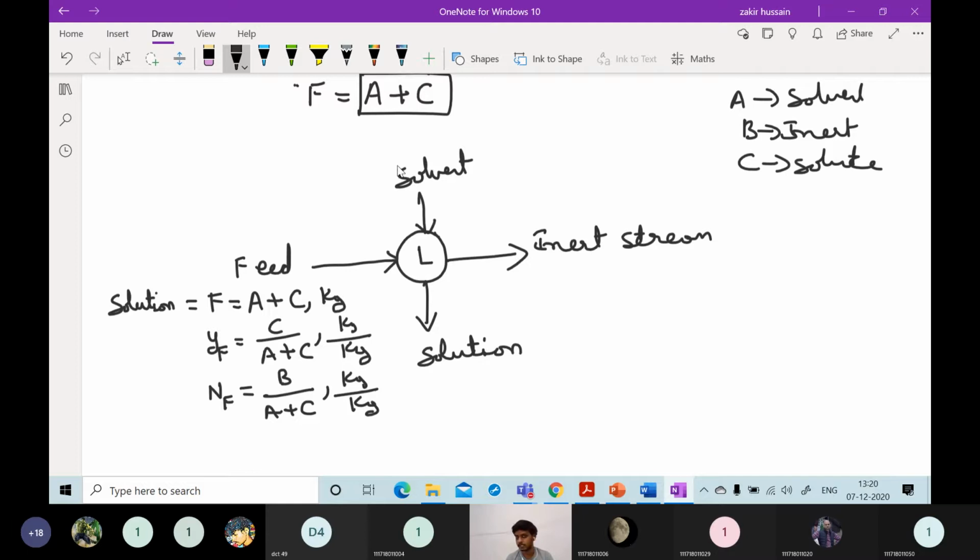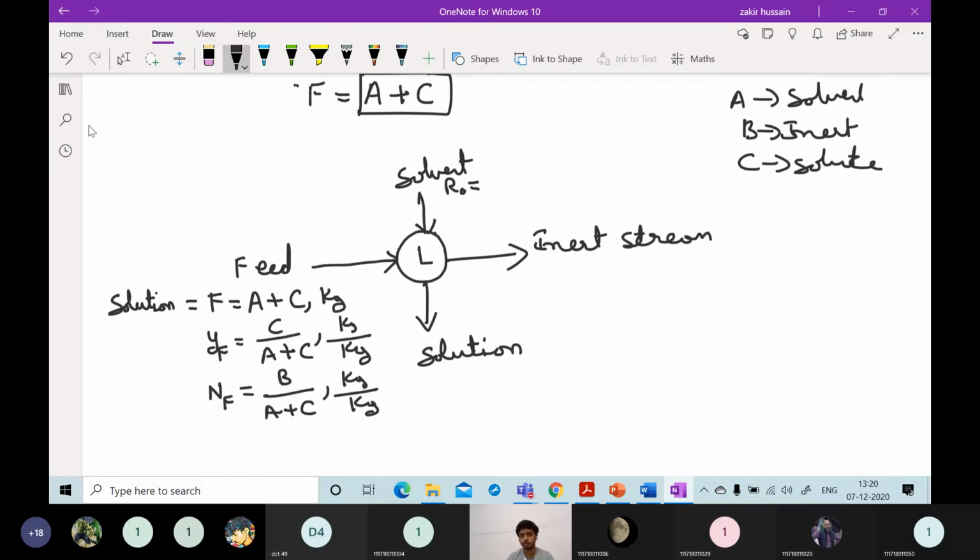Then the solvent, since this is also an input, is defined as R naught, equal to the weight of solution present in the solvent phase. The solution is nothing but solvent plus solute.